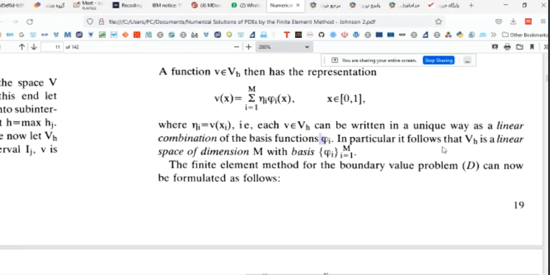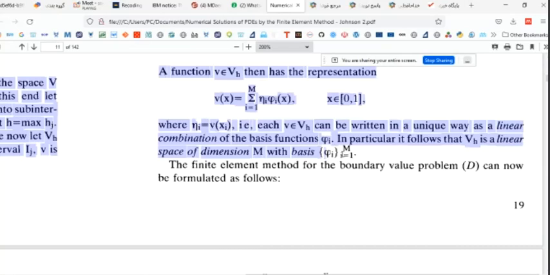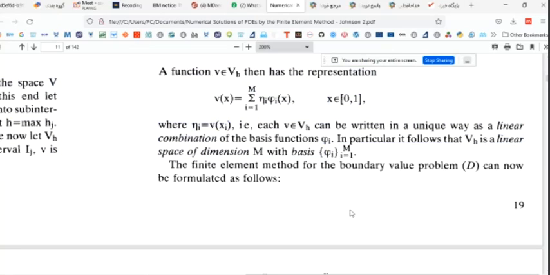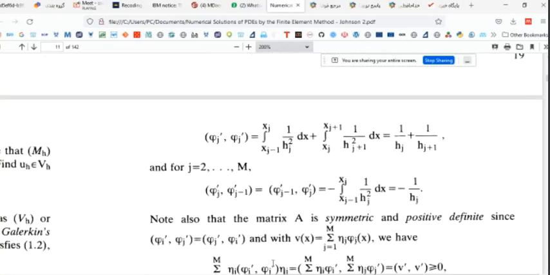In particular, it follows that V_h is a linear space of dimension n with the basis psi_i, i from 1 to n. So the finite element method for the boundary value problem B can now be formulated as follows.